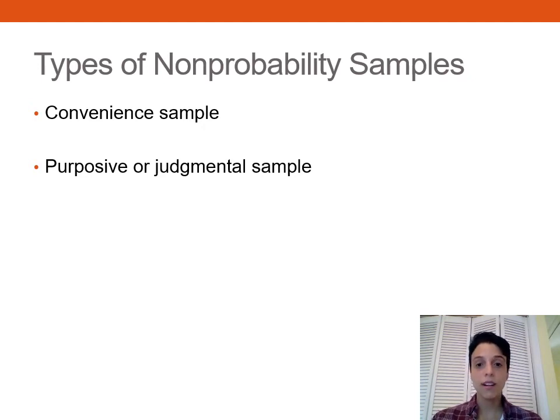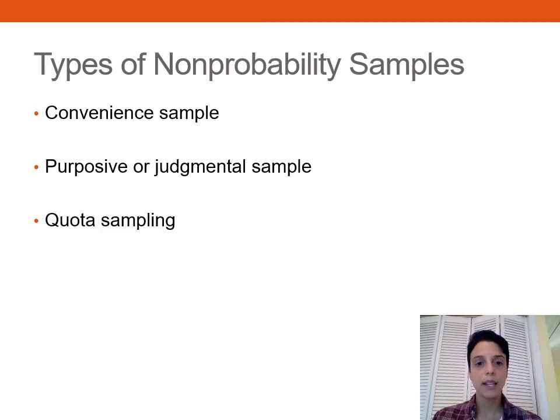And chances are you simply don't know a whole lot of serial killers that you could conveniently come across. But by going out of your way to select serial killers to talk to, you could come up with a sample that would give you insight into what it is to be a serial killer. But you'd be doing so very purposefully in your sampling. And so this would be a purposive or judgmental sample.